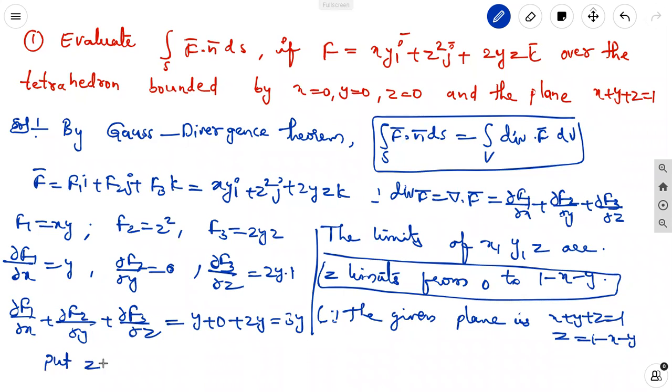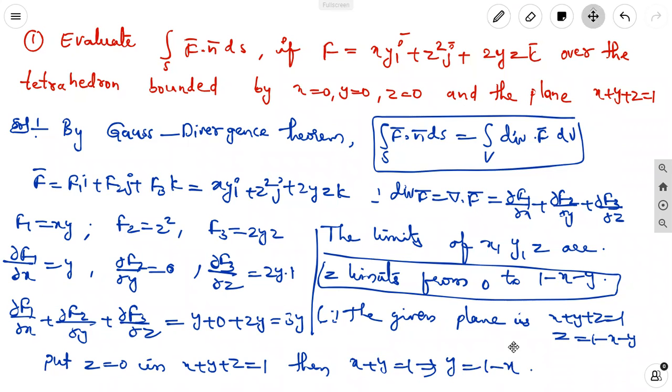Put z equal to 0 in x plus y plus z equal to 1. Then x plus y equal to 1. From this, y equal to 1 minus x.